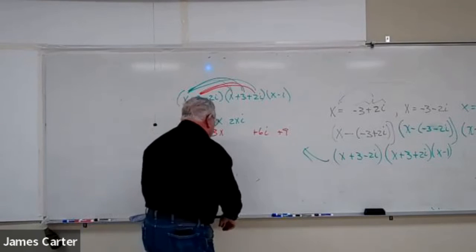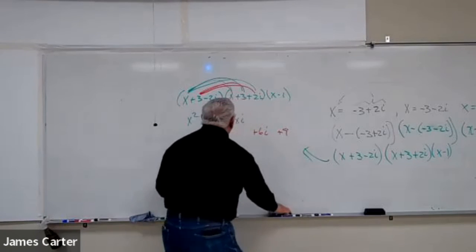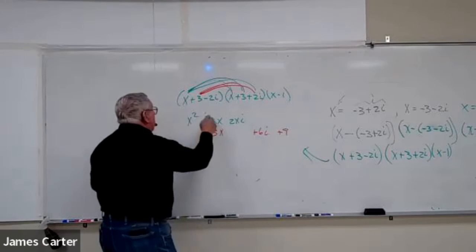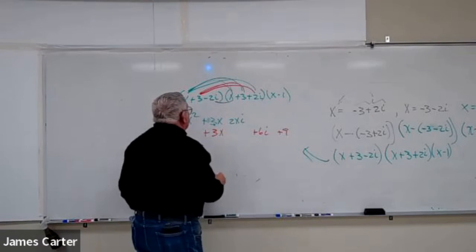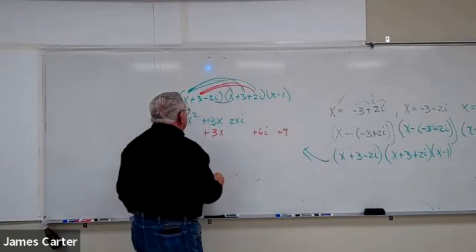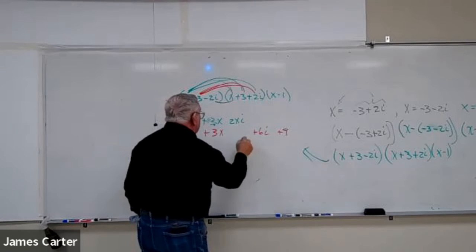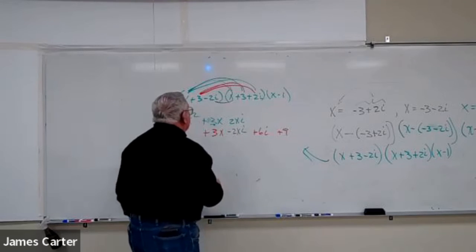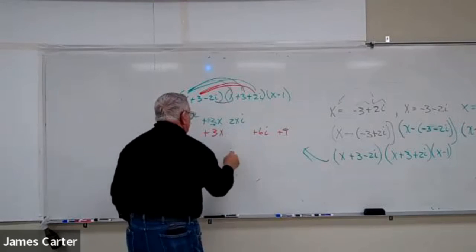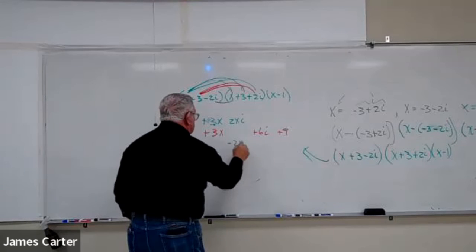Now I've got to do my third distribution. I'm going to go on the bottom this time because it's getting crowded up there. Negative 2 times x is negative 2xi. Let me put this on the third level.